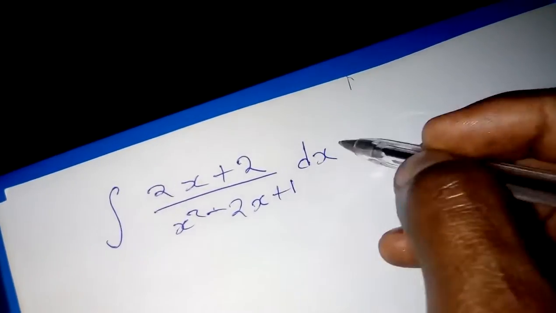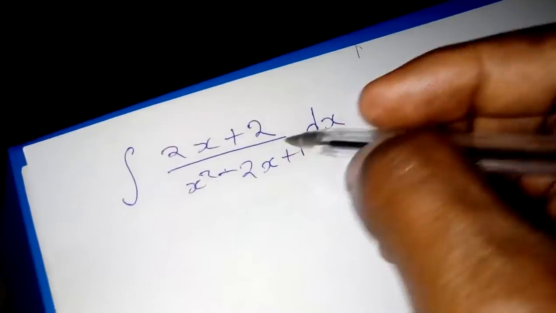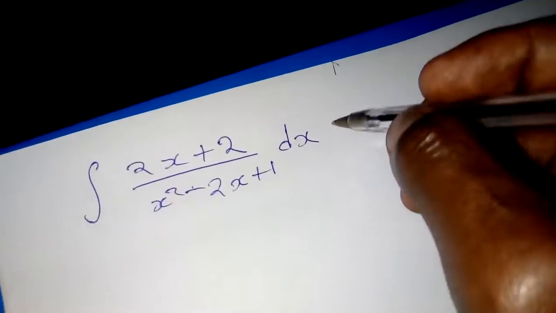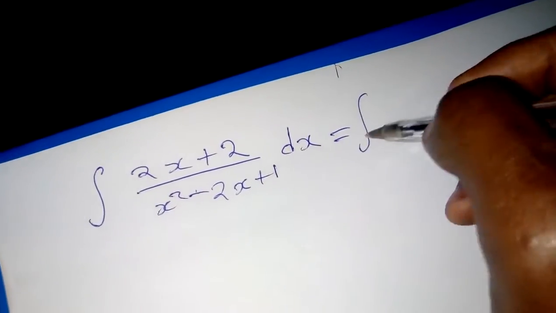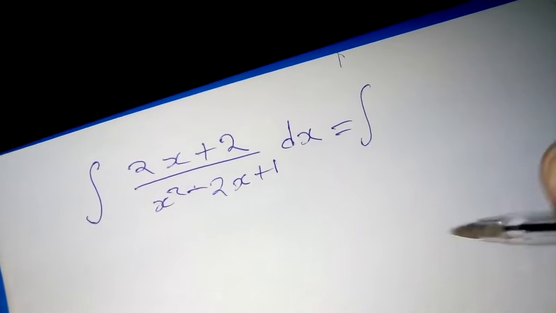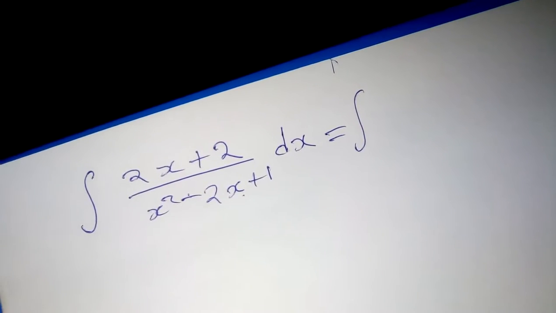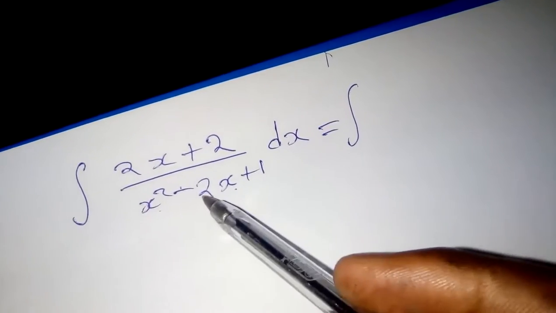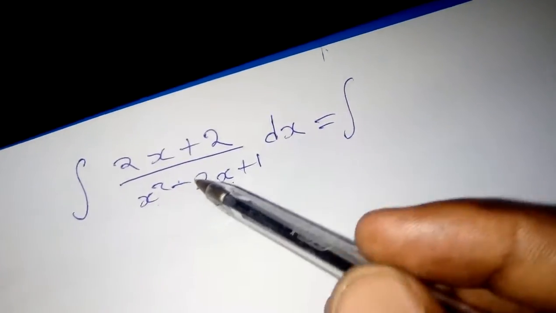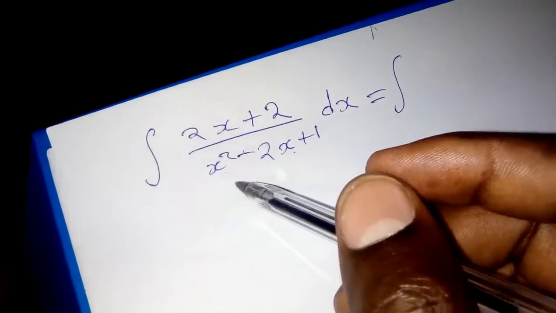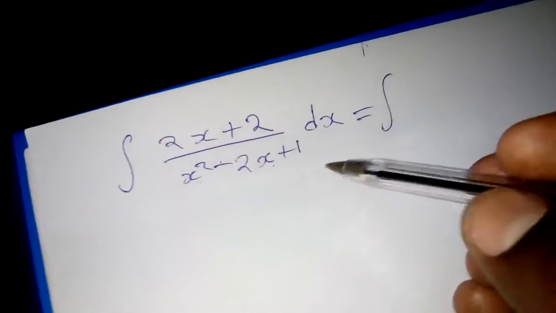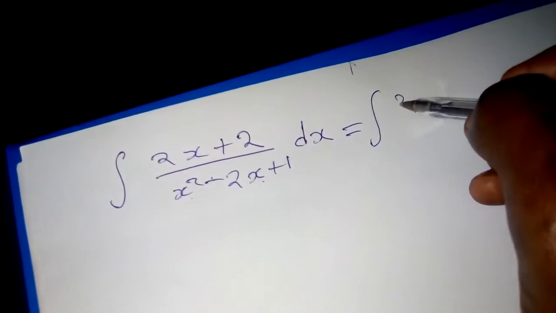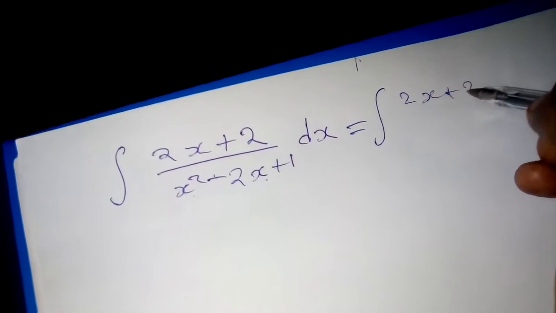We are integrating this with respect to x. This can also be written in partial fractions, but before you do that, first try to factorize the denominator and see the factors that you're going to find there. When you factorize the denominator, first let me write the numerator.